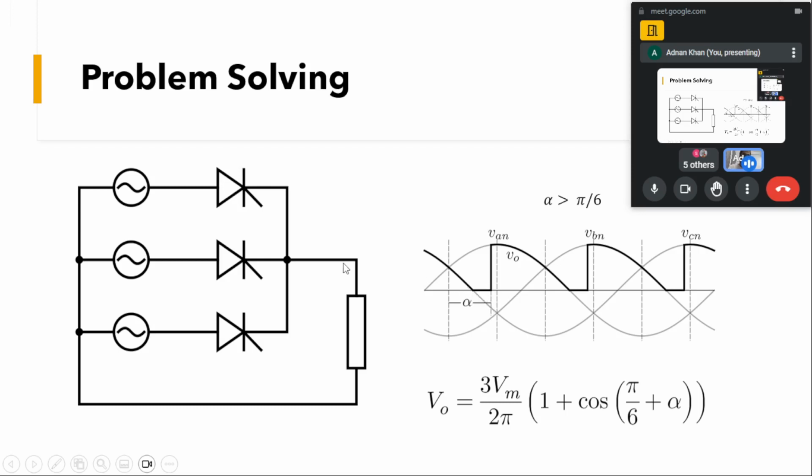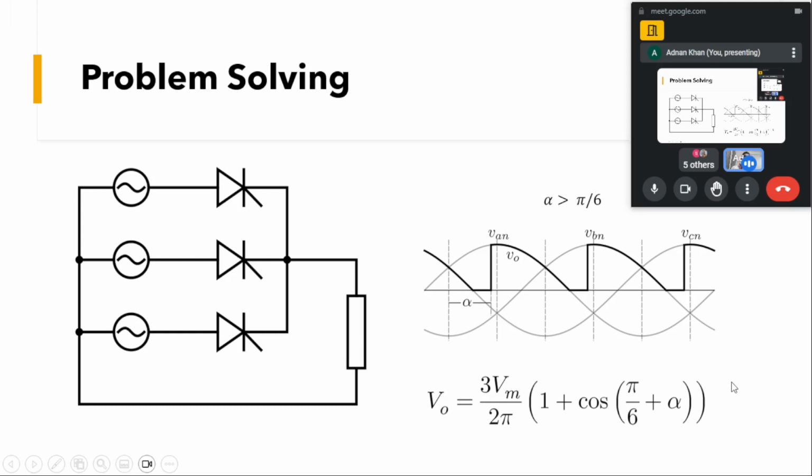But since our load is purely resistive, there is some portion for alpha greater than pi by 6 where the voltage is 0. You can see there will be some part where the output voltage will be 0, and it will trace this output voltage. If you calculate the average of this waveform, it will be given by this equation.